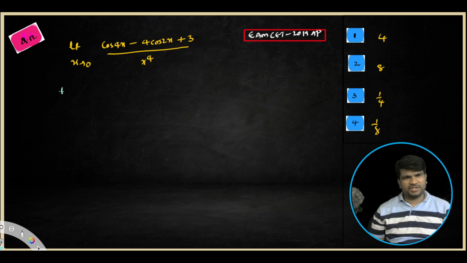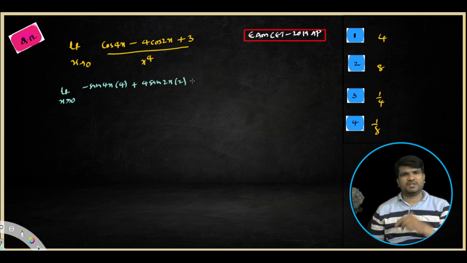So differentiating the numerator the first time, differentiation of cos 4x is minus sin 4x into 4; 4 times differentiation of cos 2x is minus, so minus becomes plus sin 2x into 2; the constant's differentiation is 0, whole divided by the differentiation of x power 4, which is 4x cube.